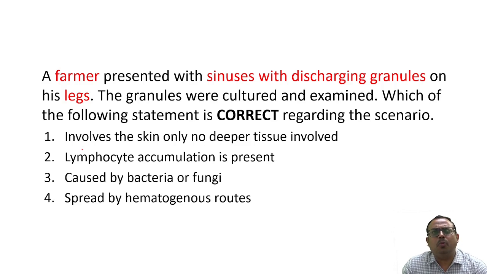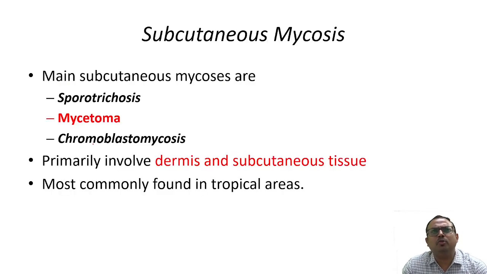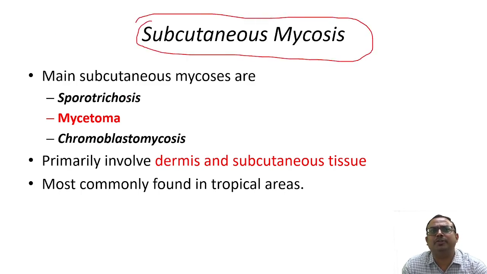So where do you find mycetoma? Most textbooks describe it under subcutaneous mycosis. Subcutaneous means it primarily involves the dermis and subcutaneous tissue. Other clinical conditions under subcutaneous mycosis are sporotrichosis, another important topic, and chromoblastomycosis.